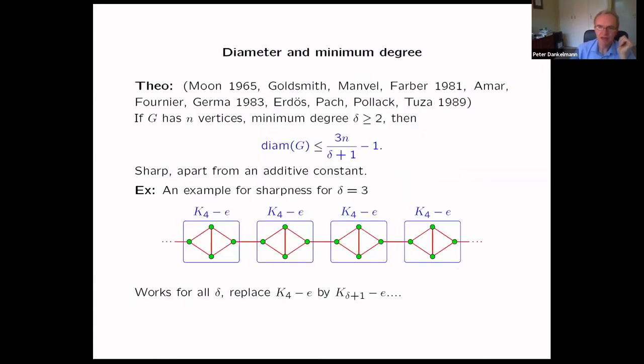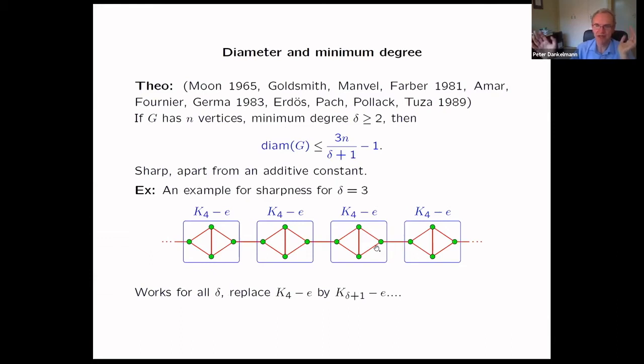Perhaps let's just look briefly at the sharpness examples here. In this sharpness example, if we pretend for a moment that this is the only one, we have lots of graphs, subgraphs that are almost K_{delta+1}, where K_{delta+1} minus e.